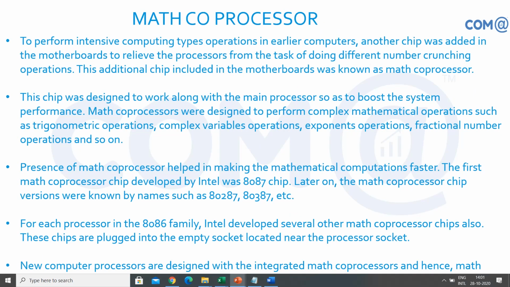The math coprocessor performed intensive computing operations in early computers. Another processor was added onto the motherboard, which we call a math coprocessor. For example, the 286 is the processor used for managing the operations, whereas I will have another coprocessor, the 287.